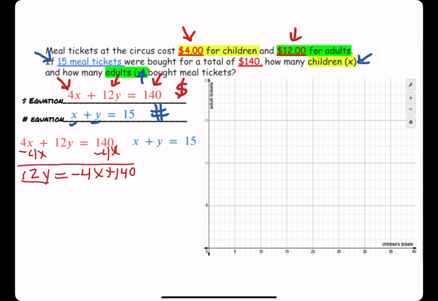And then dividing both sides by 12, meaning I need to divide every term in the equation by 12. That'll give me y equals negative 4 divided by 12, which is negative 1/3 when simplified.